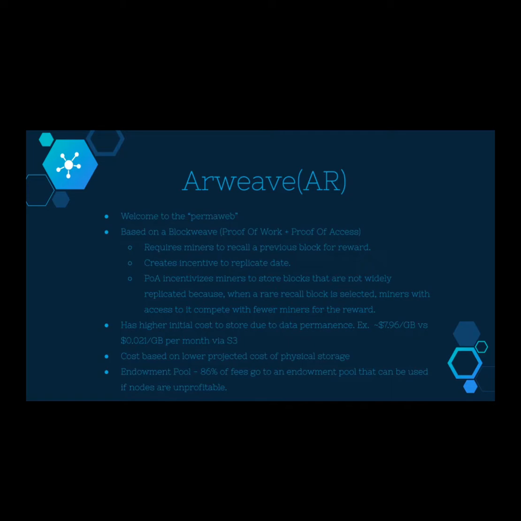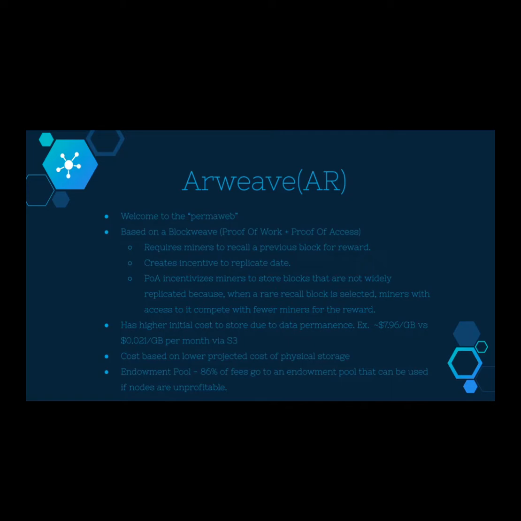It has a much higher initial cost to store data due to the permanence. So I think I have here, it's $7.96 per gigabyte to store your data forever, theoretically, on Arweave, versus essentially 2 cents per month on S3.